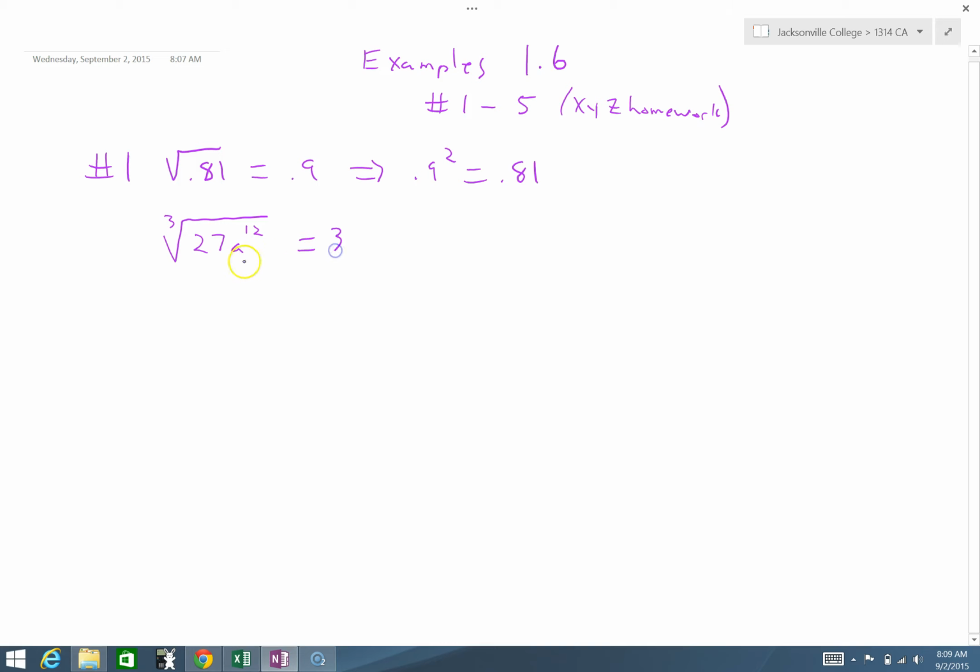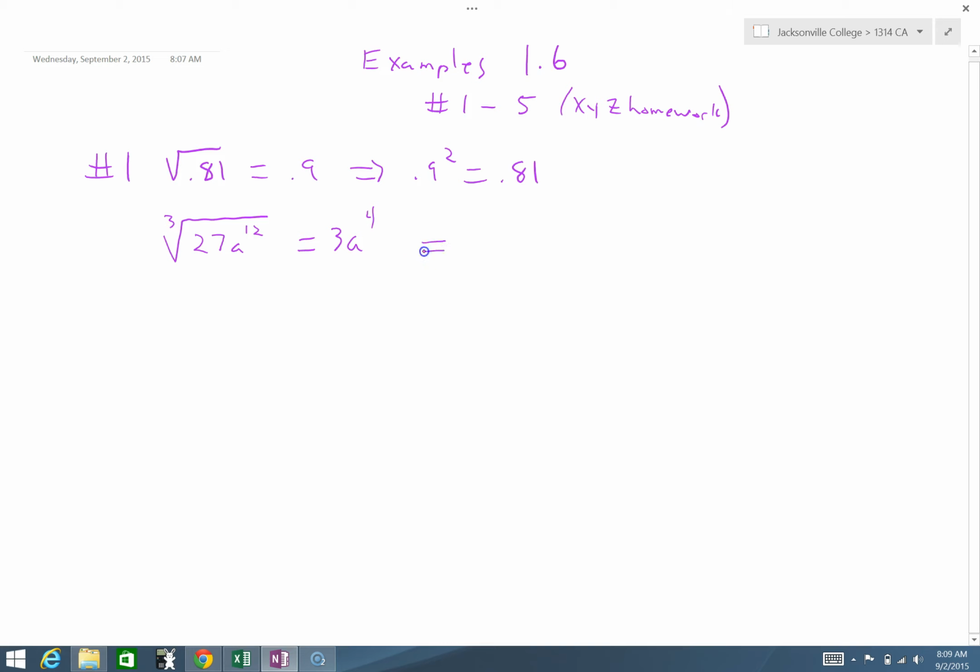But what about a to the 12th? What power of a times itself 3 times gives a to the 12th? Well, that's a to the 4th. And all you have to do is, whatever this index is, we call this the index of the root, you simply divide the power inside by that index.